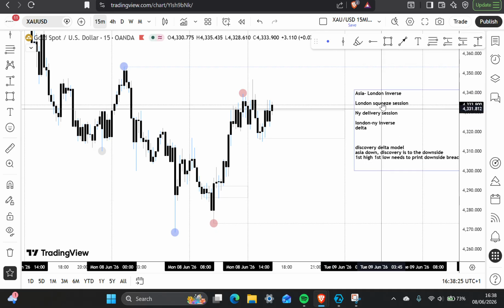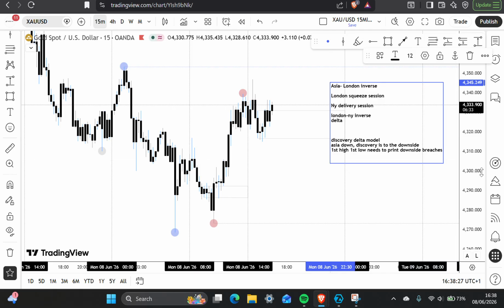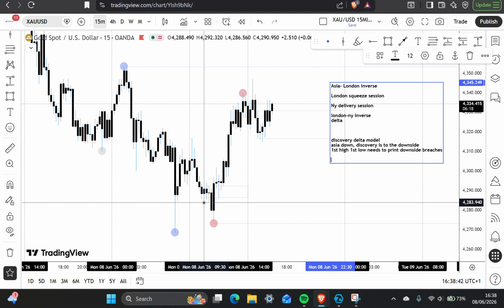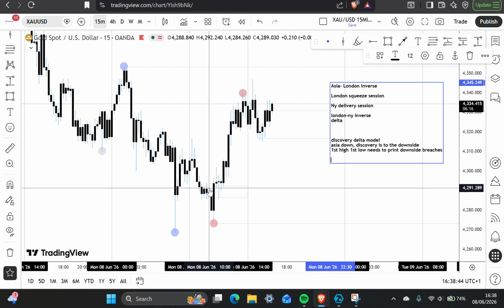You don't have to be very concerned about the upside breaches. For example here, we know that we need the discovery to be complete to the downside, because the moment we find the delta candle, price will come back to the delta, and then it will continue pushing higher.